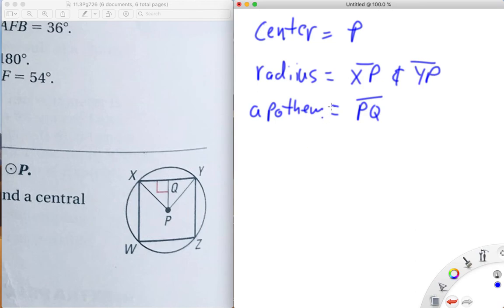And the apothem cuts the side in half. So we can say, and this isn't in the question that they asked, but we can say that XQ is congruent or equal to YQ.